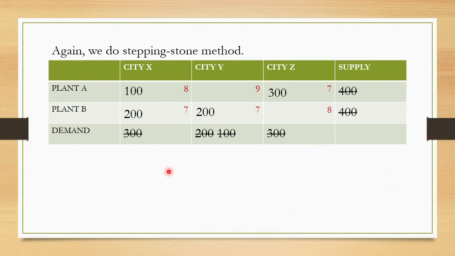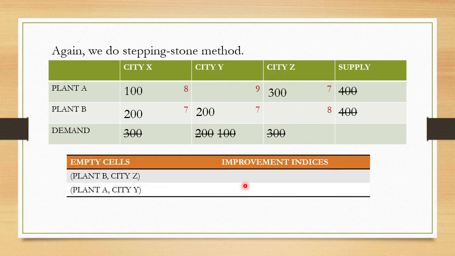Again, we don't have to compute the transportation cost, but we have to check the improvement indices. In our updated transportation model, the unused cells are plant A, city Y and plant B, city Z. Let's compute the improvement indices of these two.